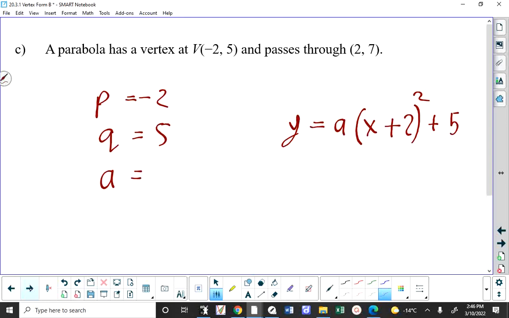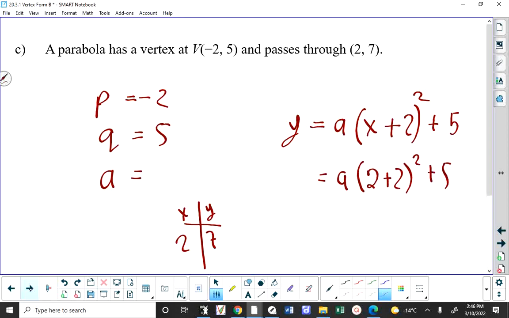So when I say it passes through 2, 7, that means when I put 2 in for X, I get 7 coming out for Y. I would like everybody to solve that for A, getting an answer in lowest terms as a fraction.